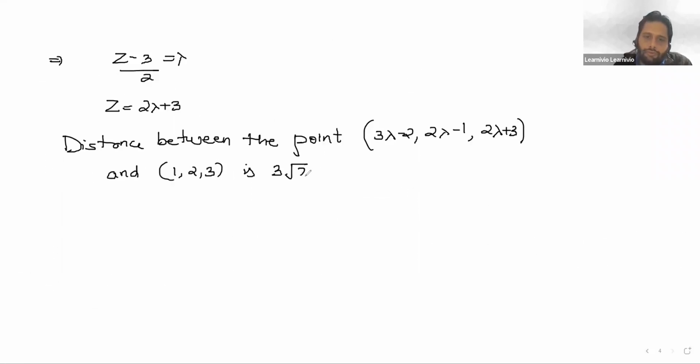Here we have assumed this point, and it is given that the distance between this point and this one is 3 root 2. You know the distance formula. Apply the distance formula between these two points, find out the value of lambda, and put the value of lambda here. So you will get the coordinates x, y, and z.